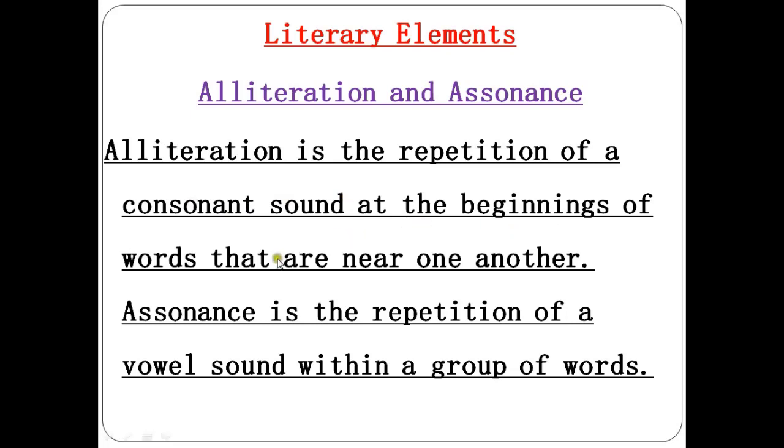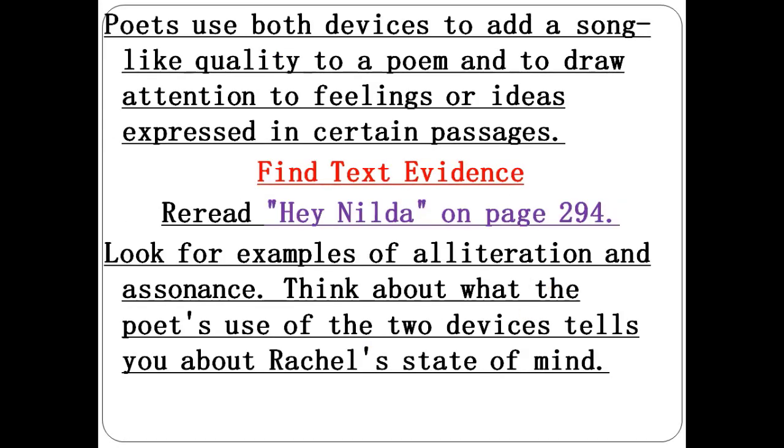At the beginning of the words that are near to one another. While assonance is the repetition of a vowel sound within a group of words. It will be further clear when we look at the examples.